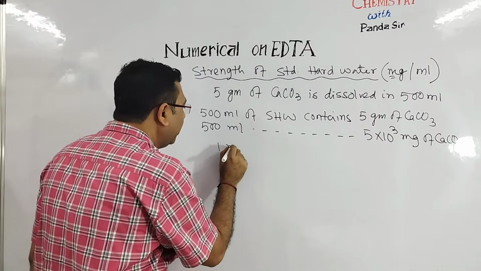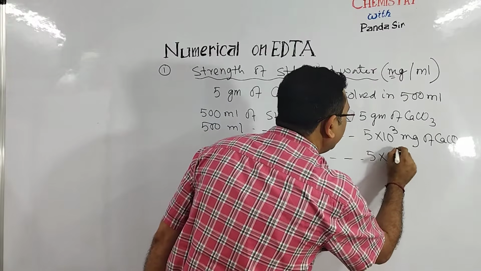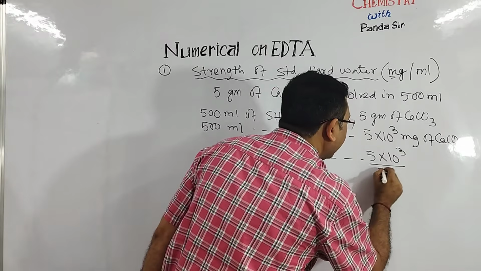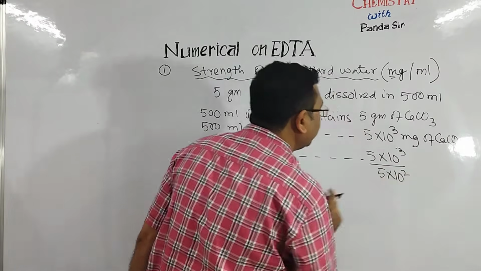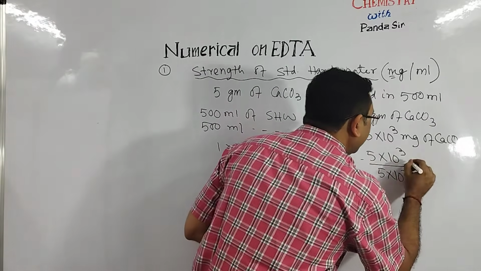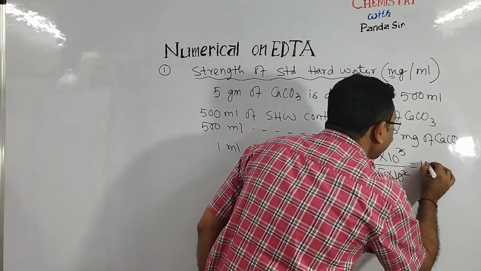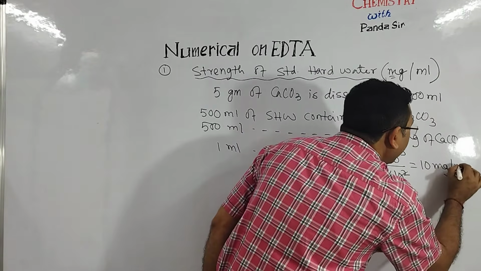So 1 ml of standard hard water contains 5 into 10 to the power 3 divided by 5 into 10 to the power 2, because 500 means 5 into 10 to the power 2. So this will come to 10 milligram per ml.